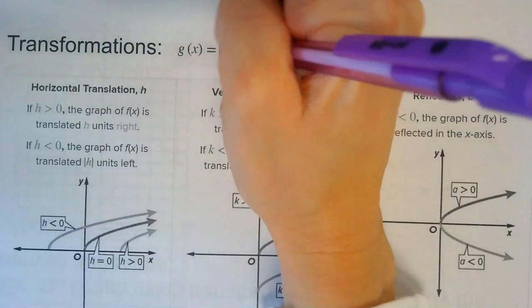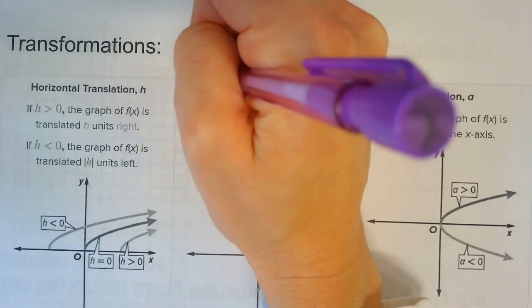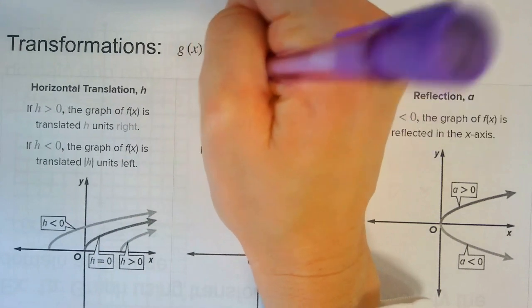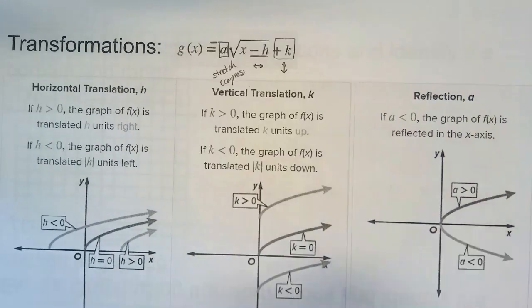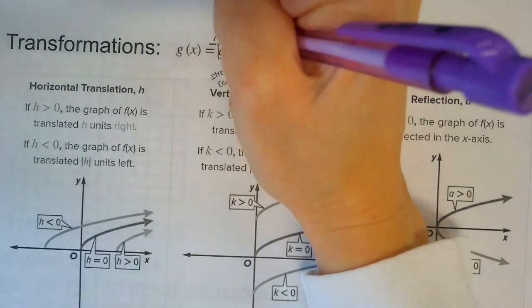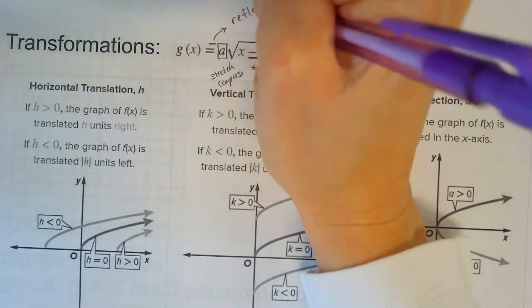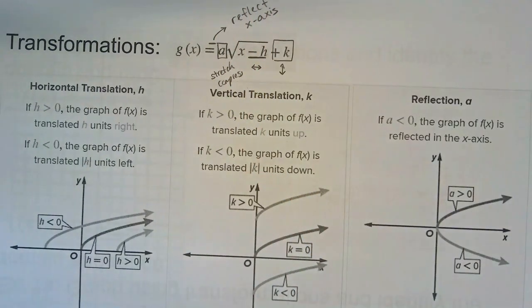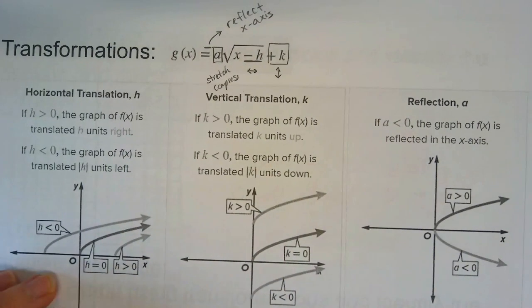This number in front is going to stretch or compress. And then I'm going to add one more thing: if you have a negative out in front, that is going to reflect across the x-axis. Okay, so we've used all these transformations before, just reminding us what that's going to look like.